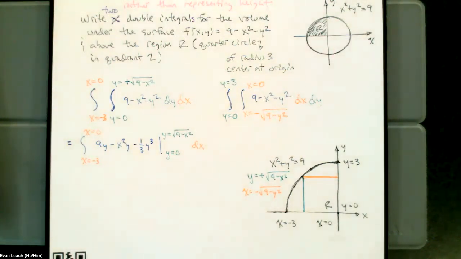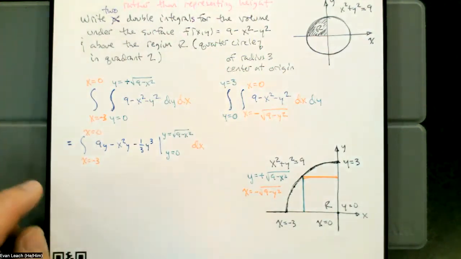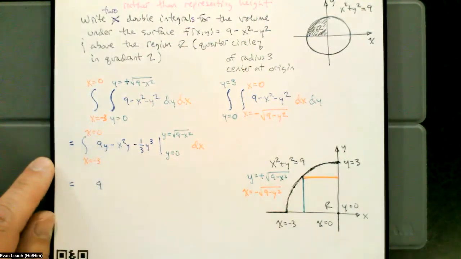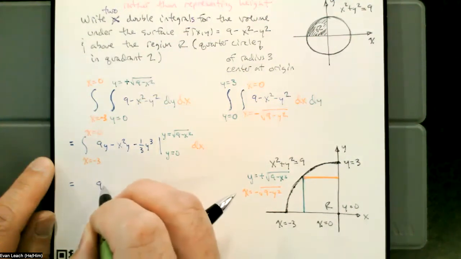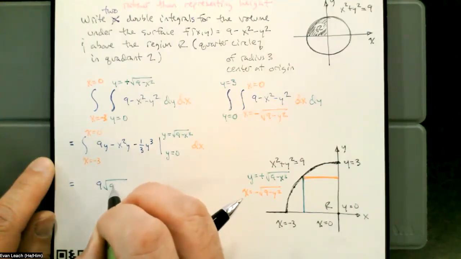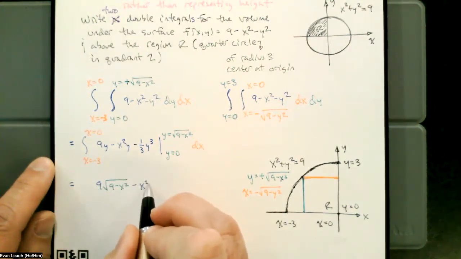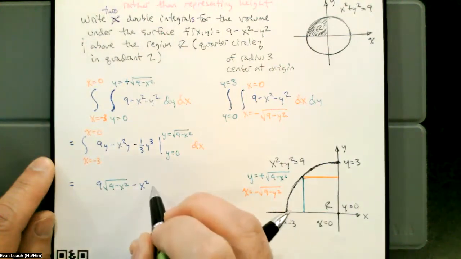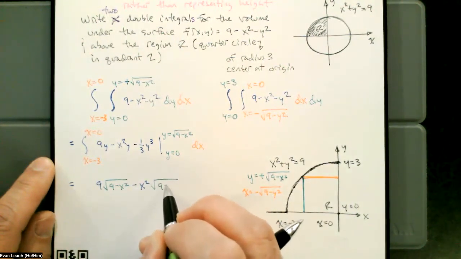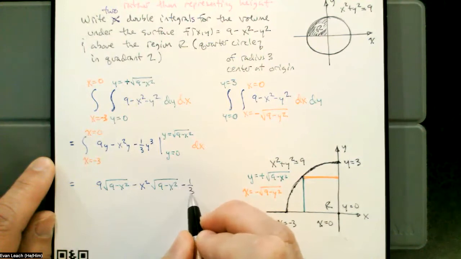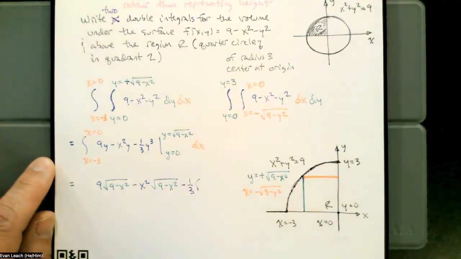So now we have to plug in the endpoints. Thankfully, y equals 0 is going to zero out all the terms. So I only care about plugging in the square root. So I'll have 9 times the square root of 9 minus x squared, minus x squared times the square root of 9 minus x squared, minus a third of the square root of 9 minus x squared cubed.